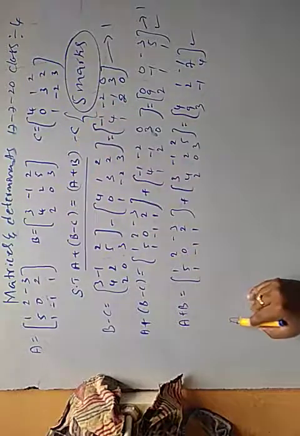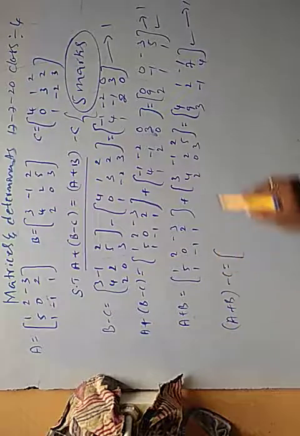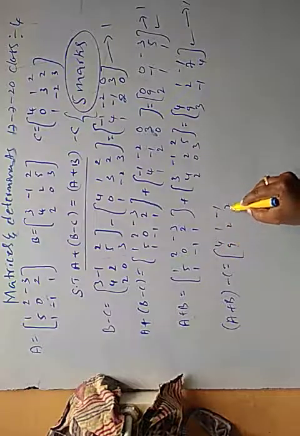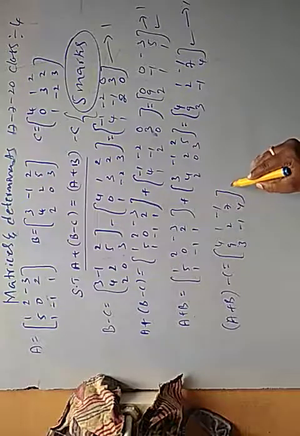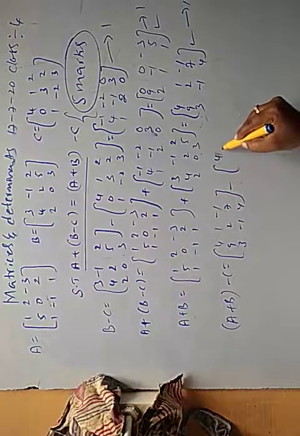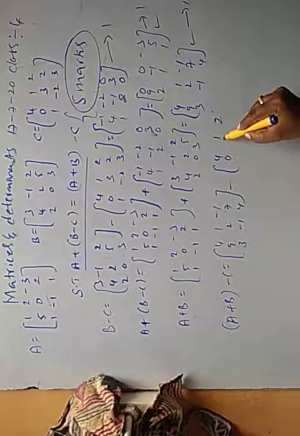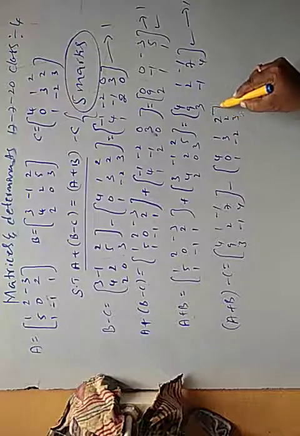A plus B, for this one mark. Then (A plus B) minus C. A plus B found out: 4, 1, minus 1, 9, 2, 7, 3, minus 1, 4, minus C: 4, 1, 2, 0, 3, 2, 1, minus 2, 3. Shall we subtract?